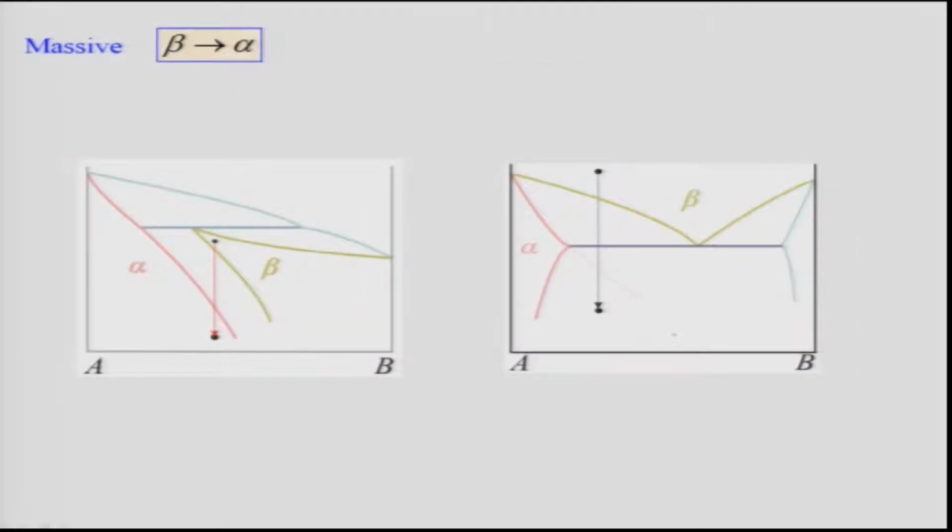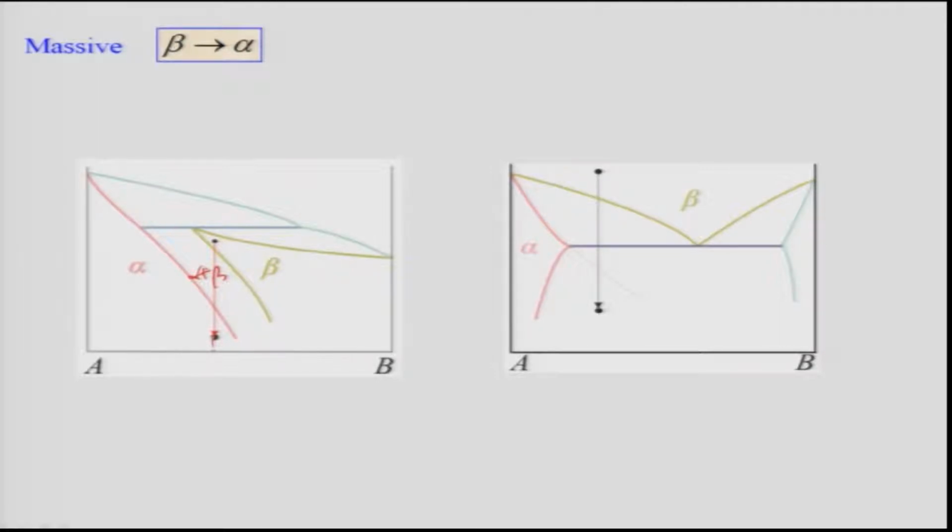Massive transformations are a little new and require discussion, but I am just showing you the phase diagram type. As you see here, beta can directly transform to alpha without transforming to alpha plus beta, and without any change of composition. You see there is no change of composition when beta transforms to alpha, and this is known as massive transformation.